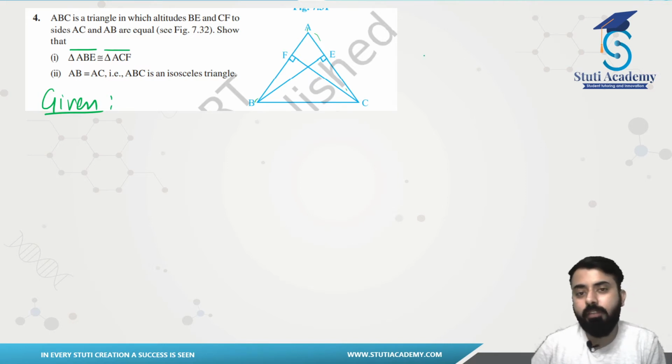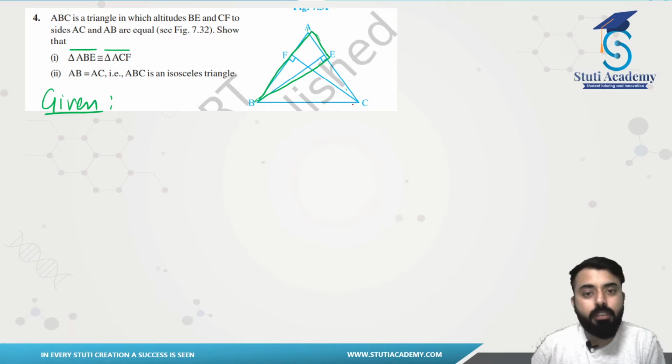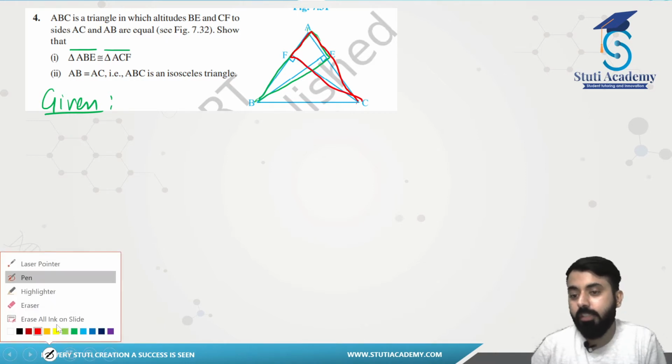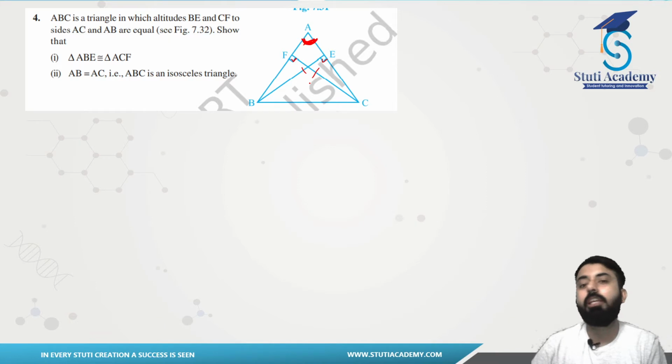If I just look at these figures, in triangle BEA, that means this triangle right here, and this triangle CAF, one thing should be clear to you, that angle A is common to both triangles, right? And these two are 90 degrees themselves, and we have a pair of sides equal as well.